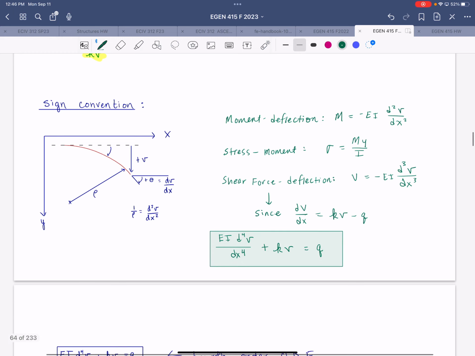So this is the beam on elastic foundation equation.